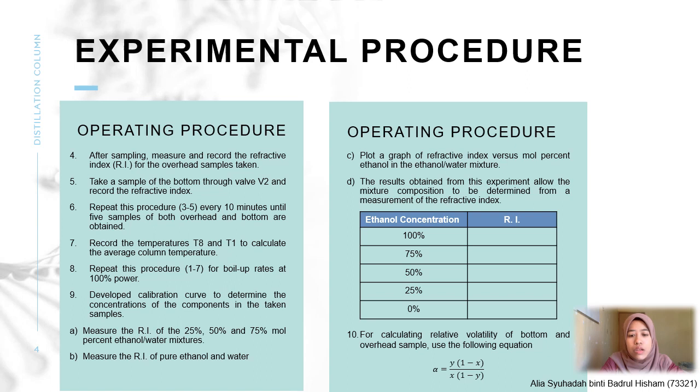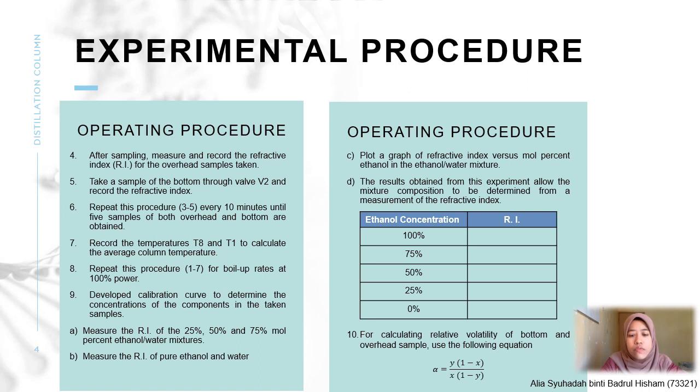Take a sample of the bottom through valve V2 and record the refractive index. Repeat step 3 until 5 every 10 minutes until 5 samples of both overhead and bottom are obtained. Record temperatures C8 and T1 to calculate the average column temperature. Repeat procedure 1 until 7 for boil-up rate at 100% power.